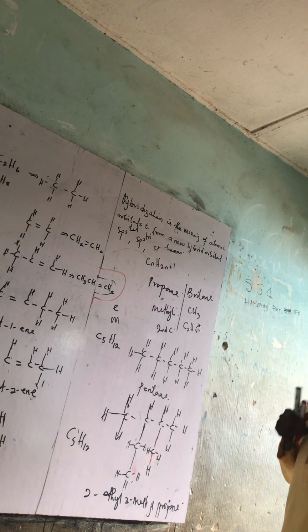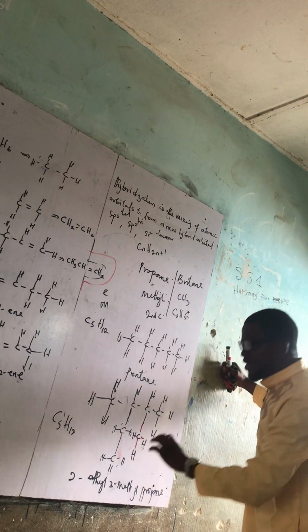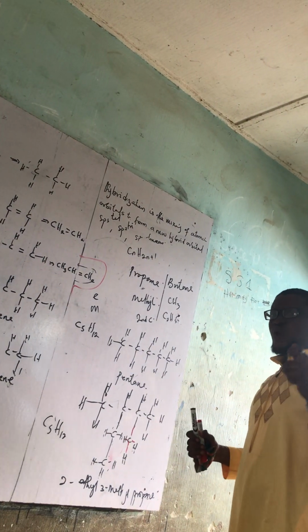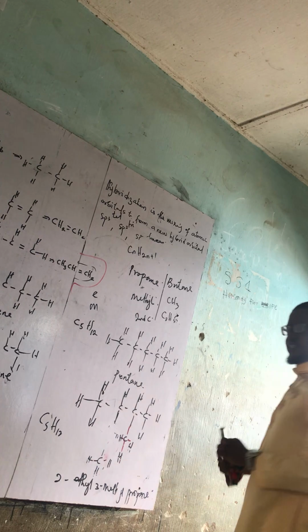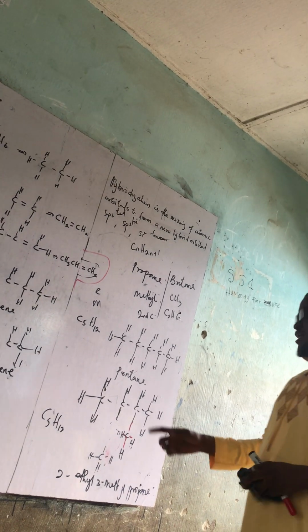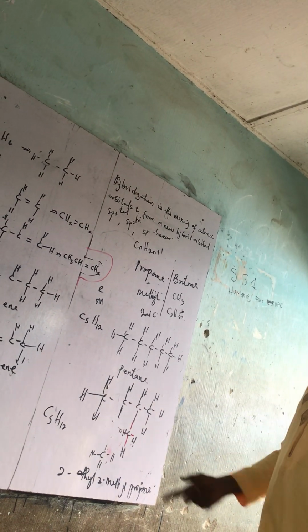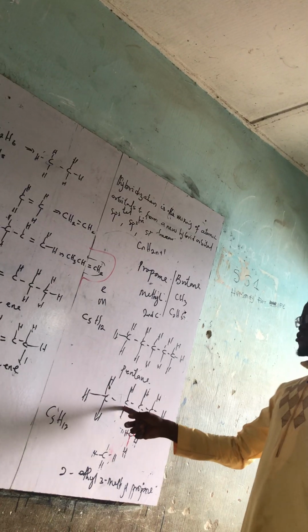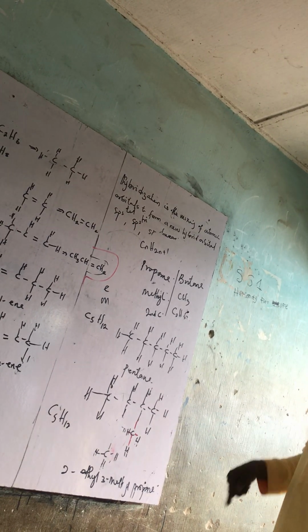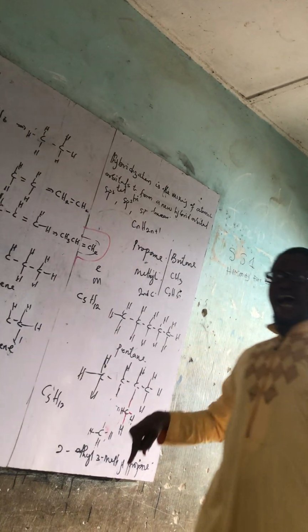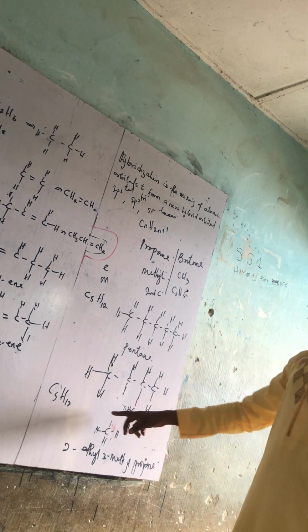Now, another thing we need to note is that if the 2 attachments look alike, that is, I have methyl and methyl, how do we pronounce it? That is when we use the word di. The first one is on the second position, the second one is on the third. So I'm going to say 2, 3-dimethyl, because both of them are methyl.